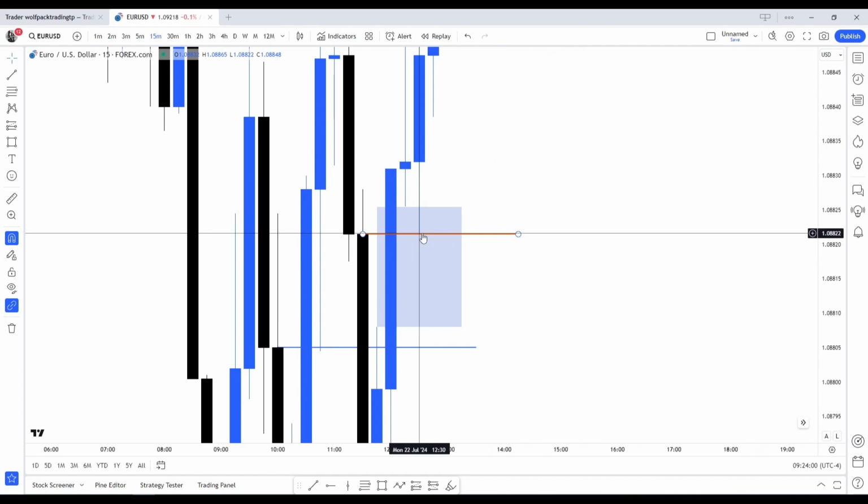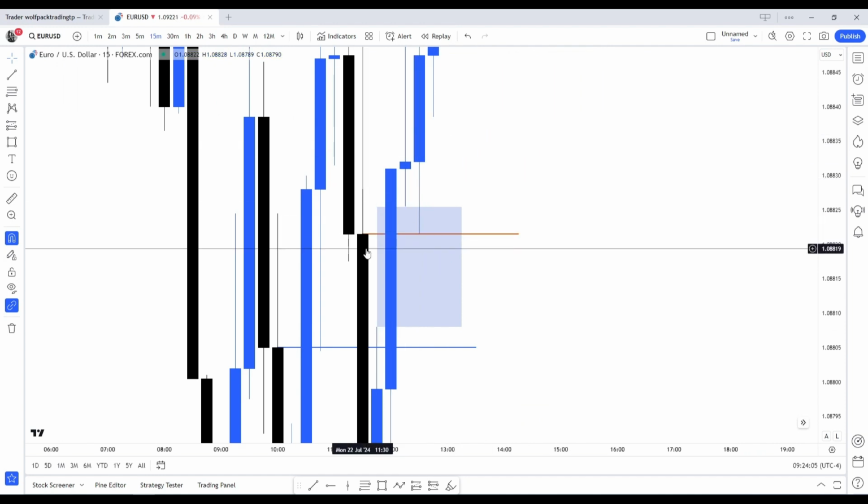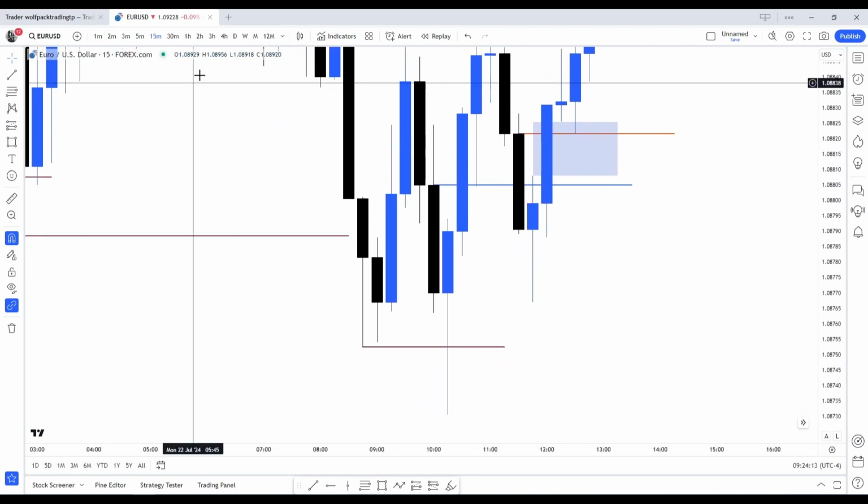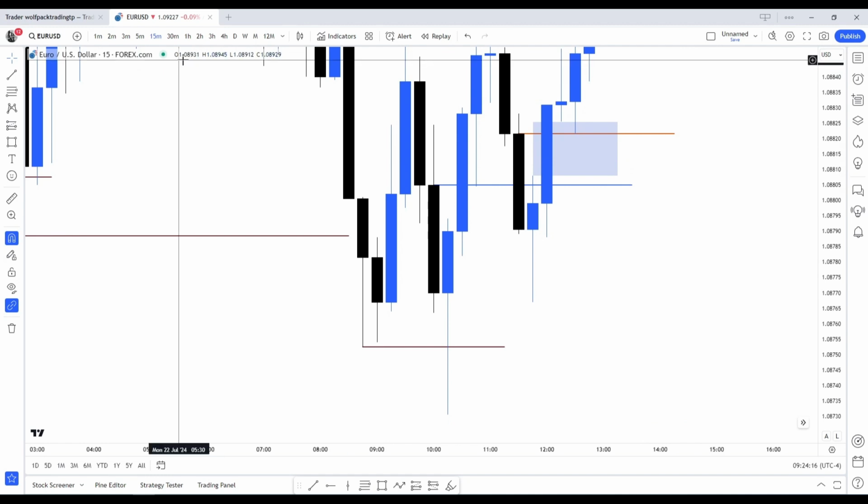So this candle's low comes in at 8822. This candle's opening price comes in at 8822, as you can see. I'll show better here. Up here we have the opening price, and then this is the low. Look at these 2 price points.